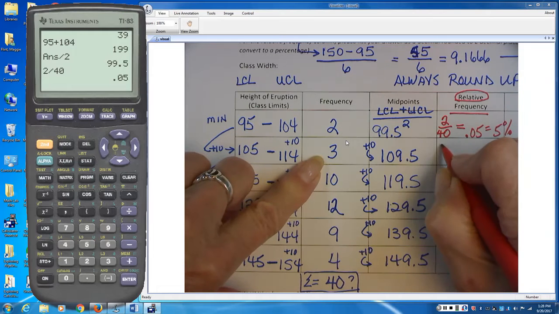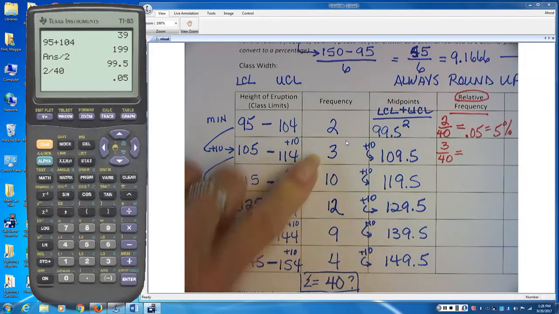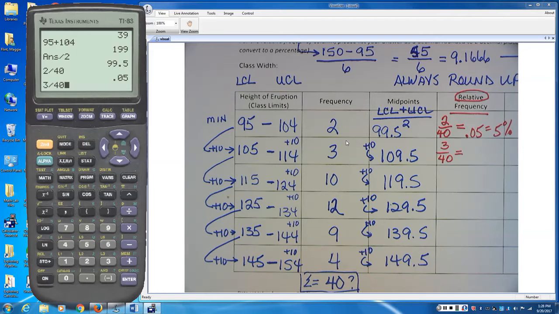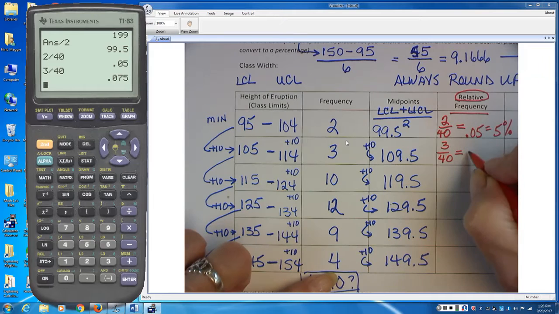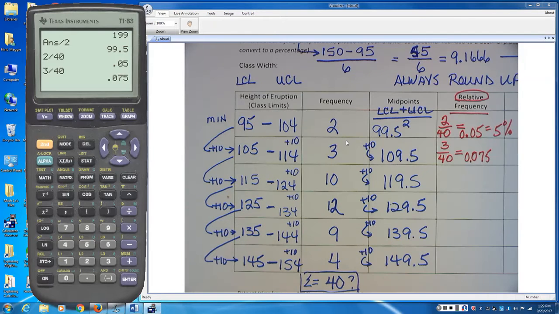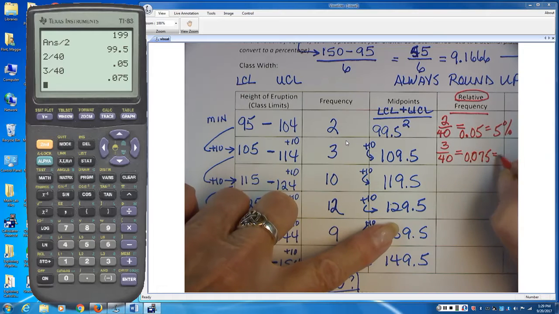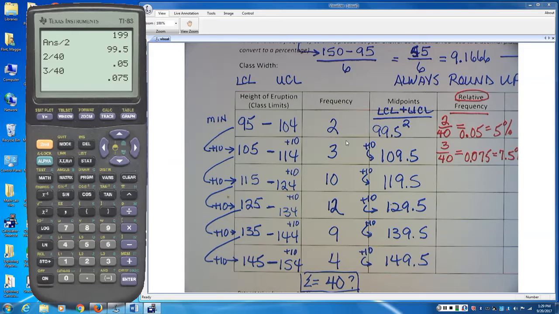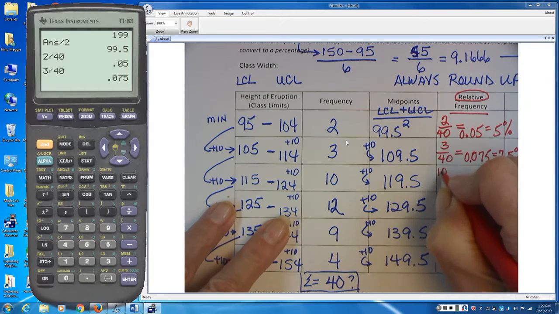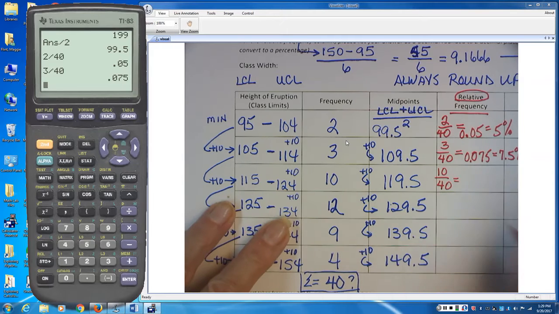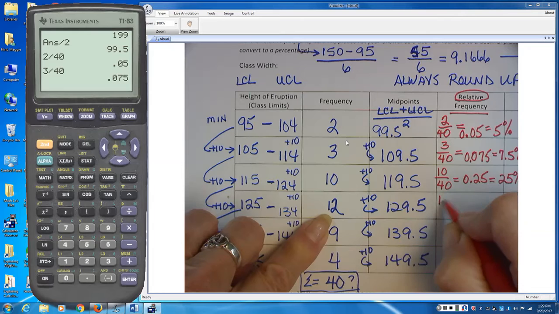And then 3 out of 40 are in the second class, and that's going to be 0.075. And that is 7.5%. Don't call that 8%. And then we have 10 out of 40. And I think I can do that one in my head. That's 0.25, which is 25%. And then we have 12 out of 40.